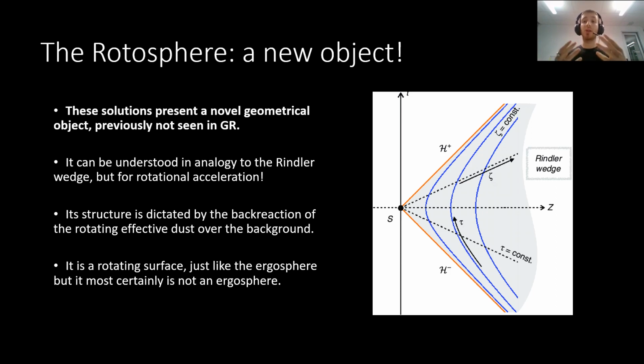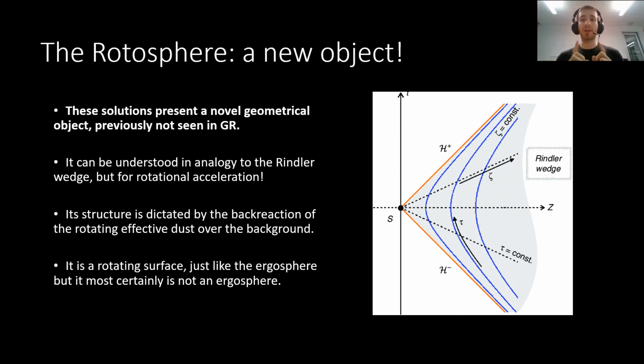This is a new object found in this solution, a geometrical object previously not seen in GR. It can be understood in analogy to the Rindler wedge, as in it's kind of, but not exactly, an acceleration horizon, but not for linear acceleration, for rotational acceleration.